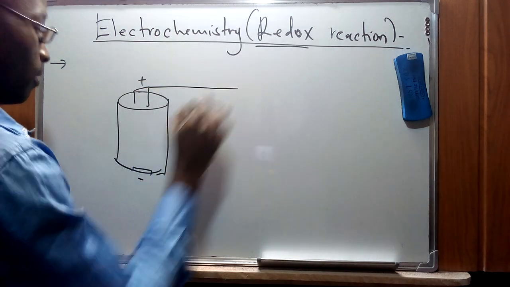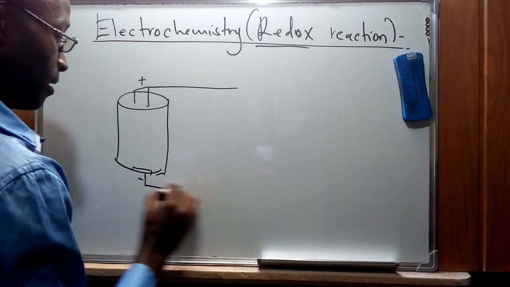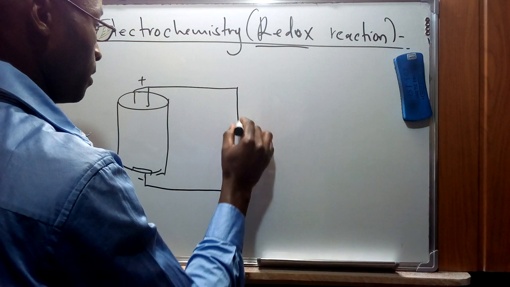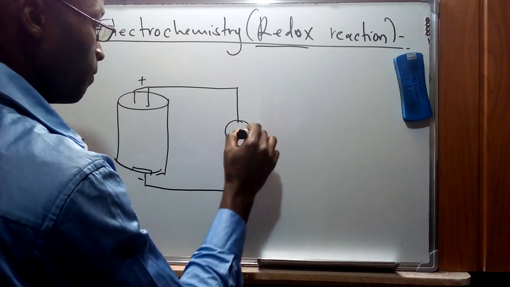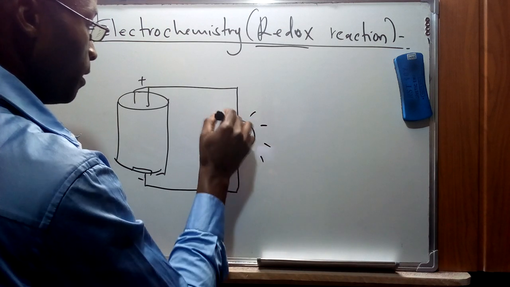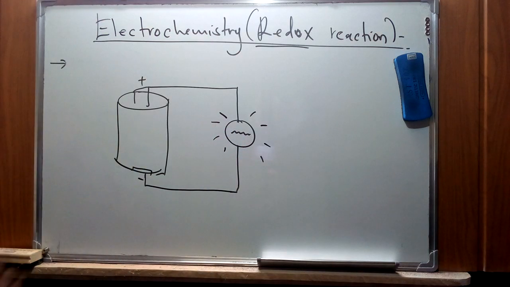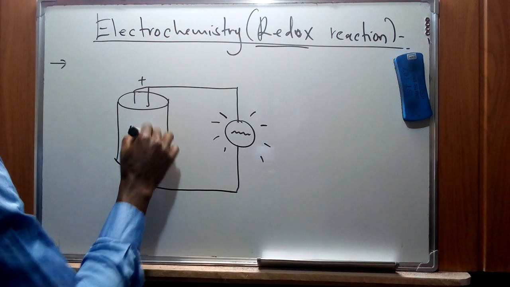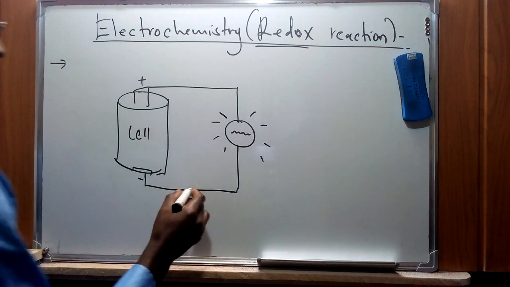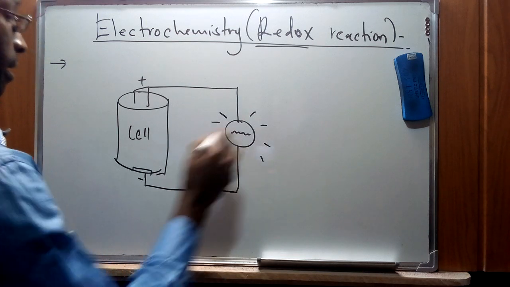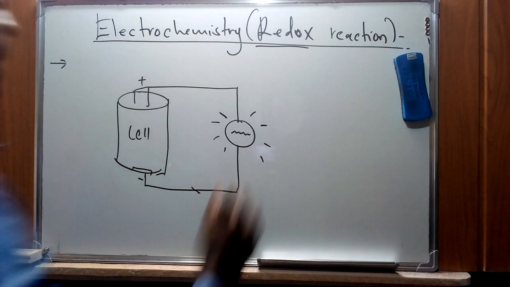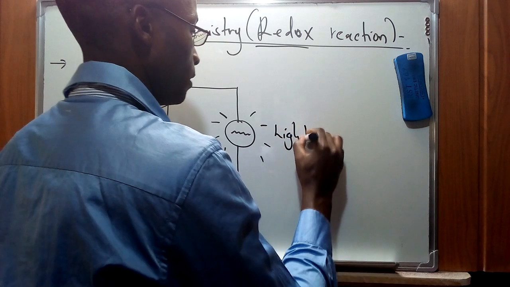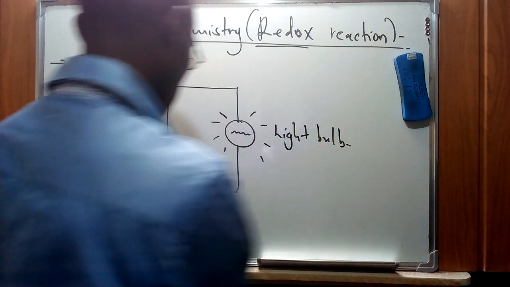Suppose we have a conductor that is arranged that way, and this is a light bulb. This particular cell produces a current that moves through this conductor, and then the effect is that electricity is produced, and therefore we shall have the light bulb lighting at this particular point. This is a conductor.